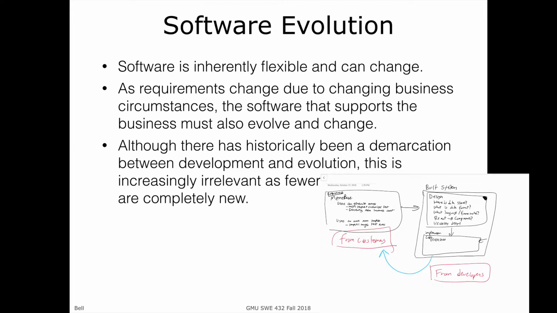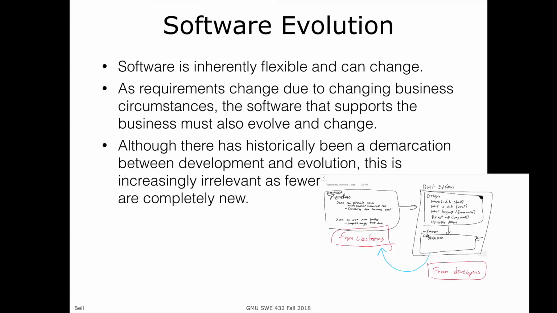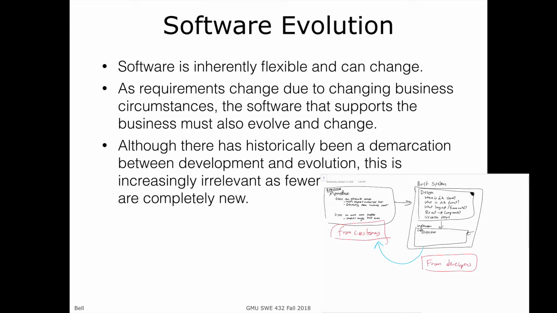And then the last phase, I guess that we can draw a box here. So this is validation. And then evolution is just keeping the notion that the software is probably inherently flexible and is going to change.